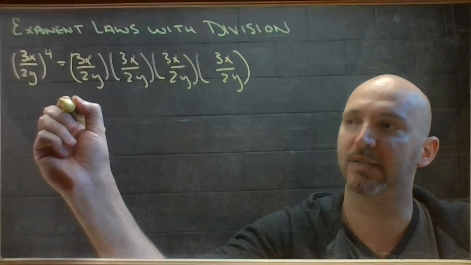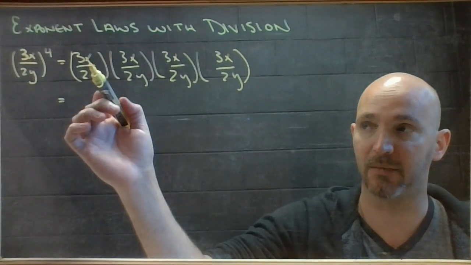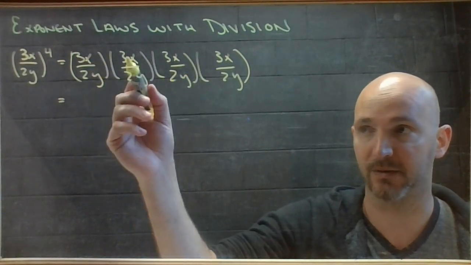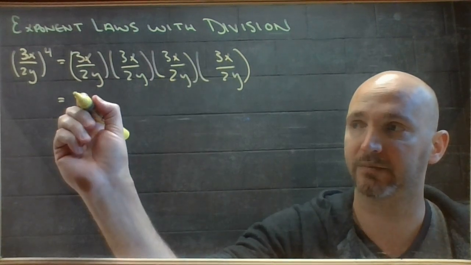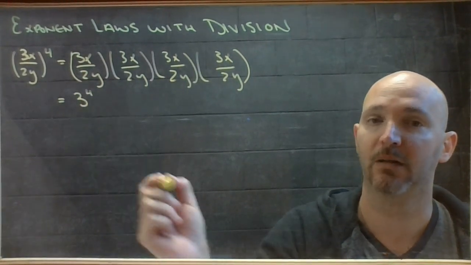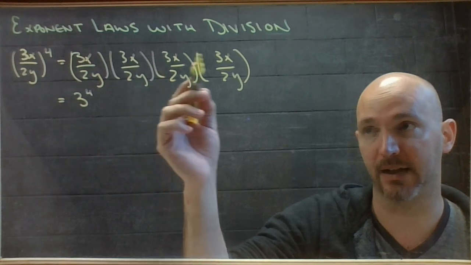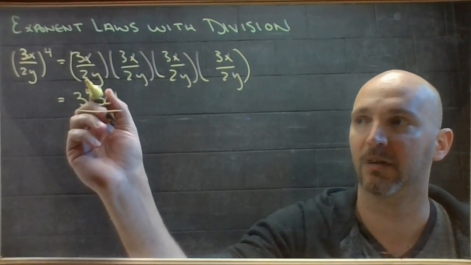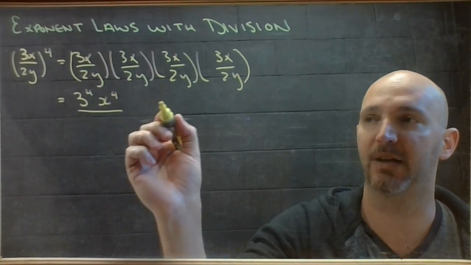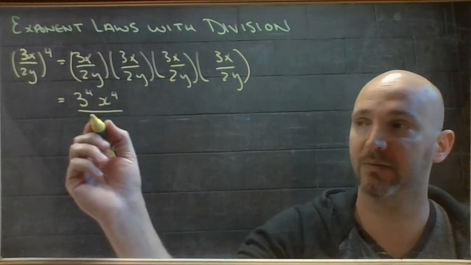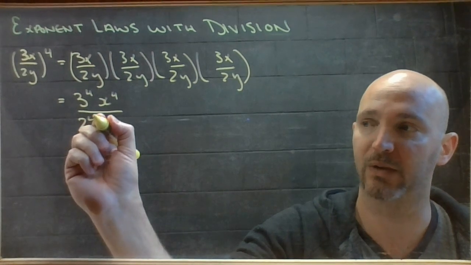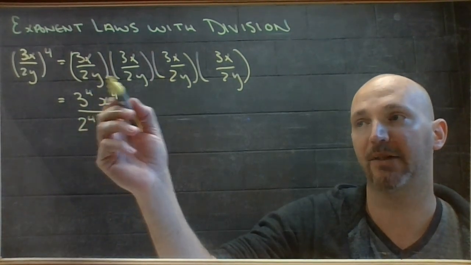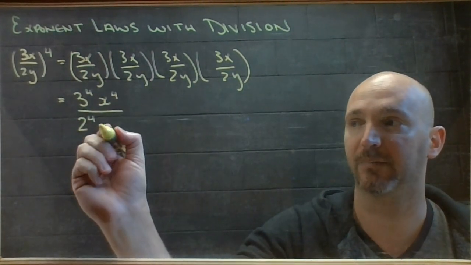And if you can see from that, you have the number 3 multiplying 4 times. You have the x multiplying itself 4 times. You have a divide by 2, divide by 2, divide by 2, divide by 2. That means you're dividing by 2 4 times. And you're dividing by y 4 times.